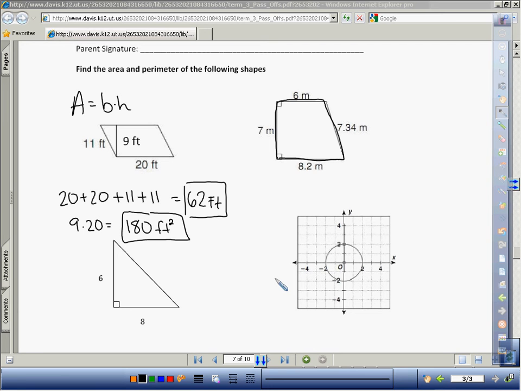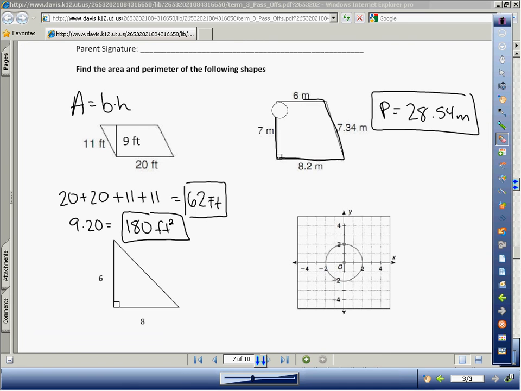So I have 7 plus 6 plus 7.34 plus 8.2. And so my perimeter is going to end up being 28.54 meters. Remember, we're doing perimeter, so we don't need to square or cube our units on that one.